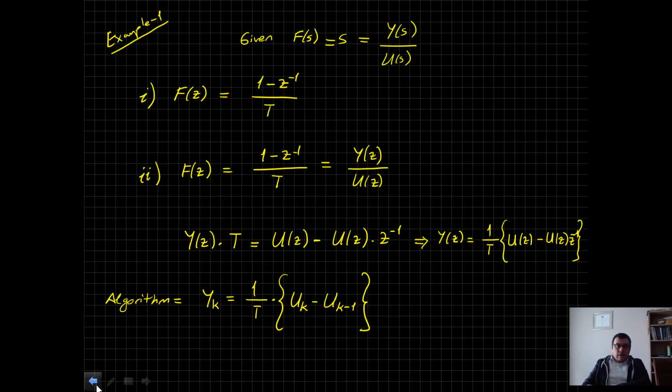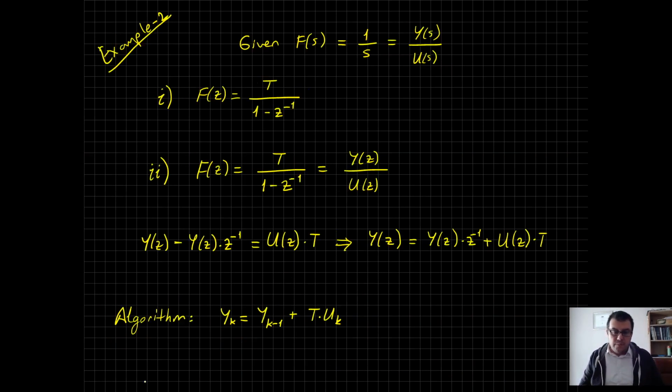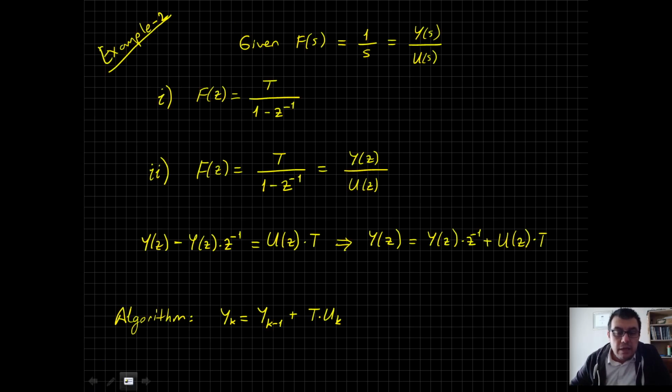Now, let's move to a relatively more complex algorithm, low pass filtering. We have example 3, low pass filtering. Actually, we have already written it. Let's write its continuous time function.